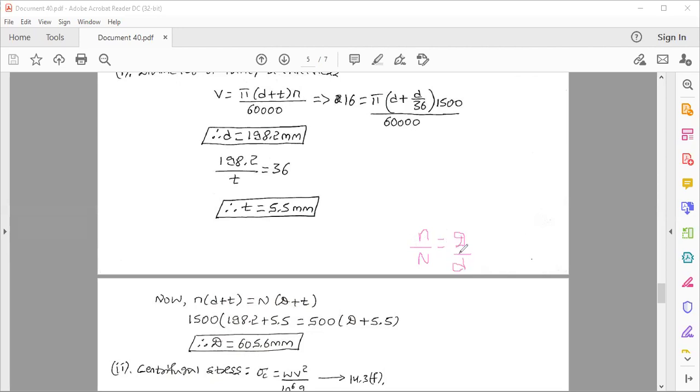You can use this formula. In this, thickness needs to be considered. This equation you have to use when you are going to neglect the thickness of the belt. Here we are going to consider the thickness. That's why you need to add t to this.